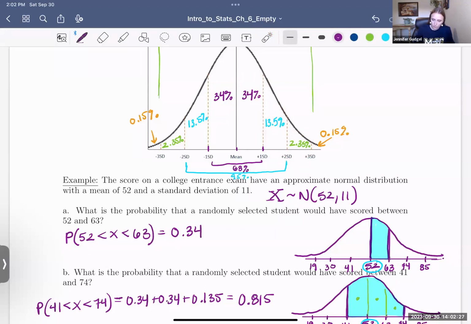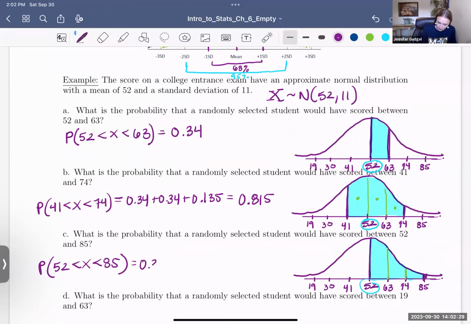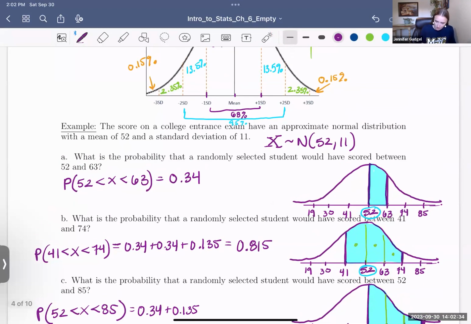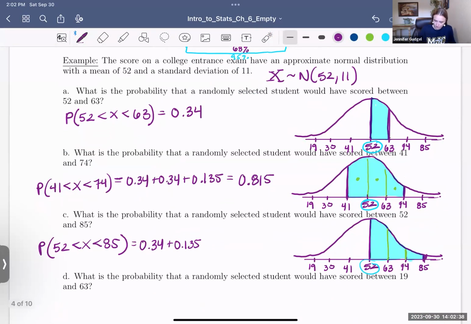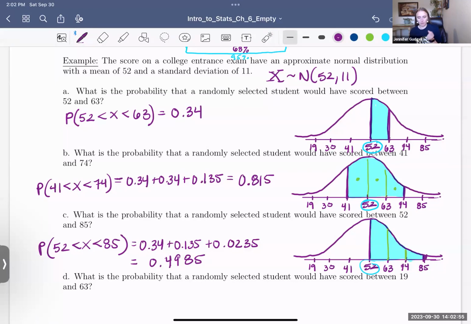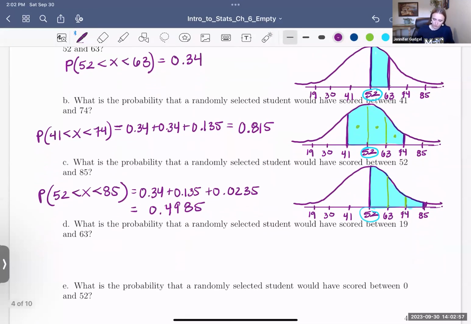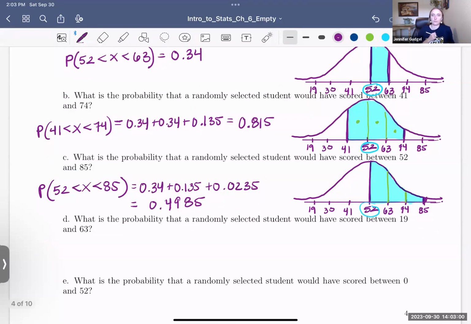So that's 0.34, 0.135, and 0.0235. Oops, 0.235. If I add all 3 of those together, I should get 0.4985. That's the probability that a randomly selected student scores between 52 and 85.